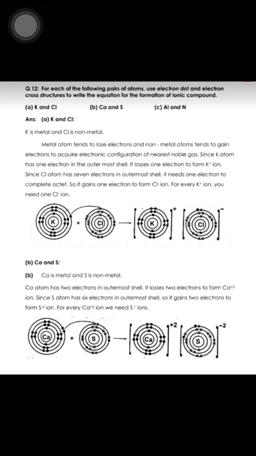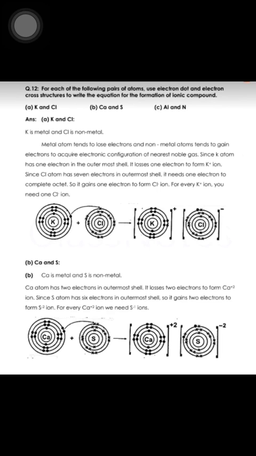Now we are discussing question number 12. Question number 12 contains 3 parts, and we also have to form electron dot and cross structures for the formation of ionic compounds. When we are talking about potassium and chlorine, we know potassium has 1 electron in the outermost shell, whereas chlorine has 7 electrons in the outermost shell. So potassium will give 1 electron to chlorine and form a cation, and chlorine will gain 1 electron and form an anion.